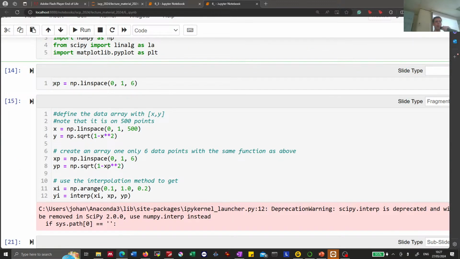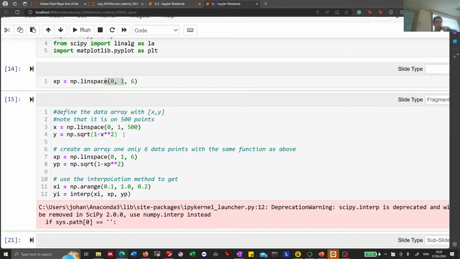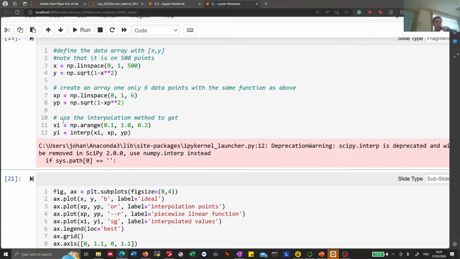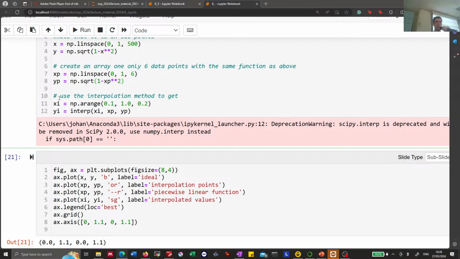Given data points, we simulate again. Here are 6 data points between 0 and 1. We provide measurements at the square root of 1 minus x squared. Then we provide x squared, and we provide interpolated data.